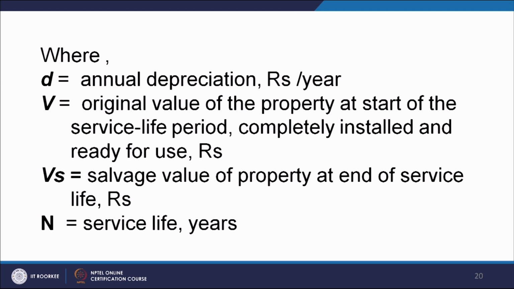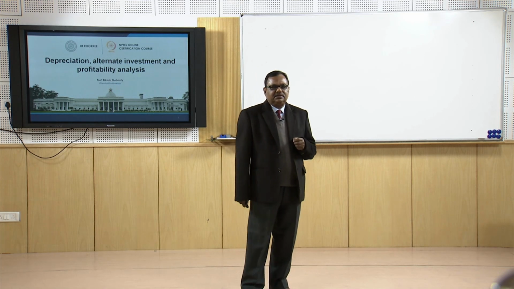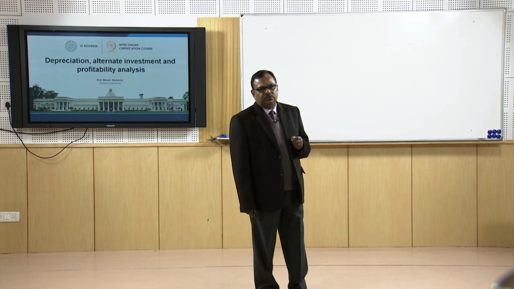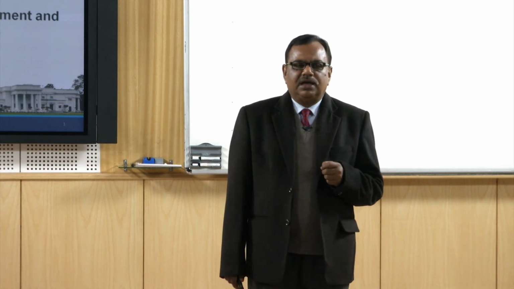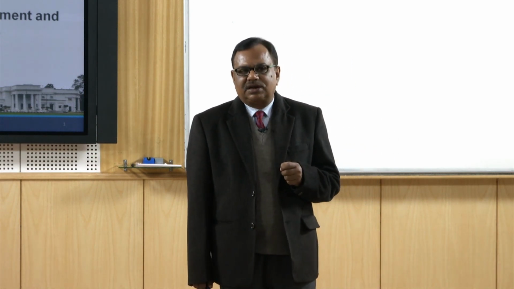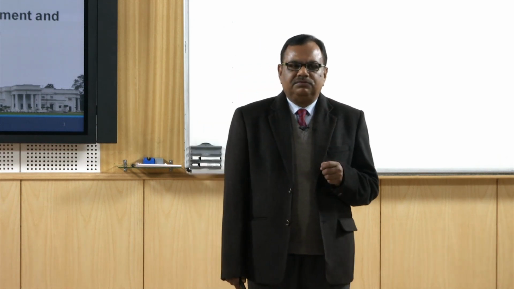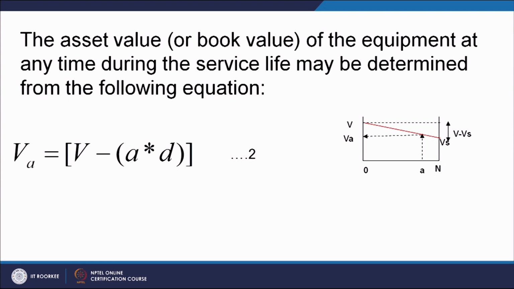Vs is equal to the salvage value of the property at the end of the service life, in rupees, and N is the service life in years. The asset value or the book value of the equipment at any time during the service life may be determined from the following equation: VA, that means the book value in the year A, is equal to V minus A into D, where A is the year and D is the depreciation rate.